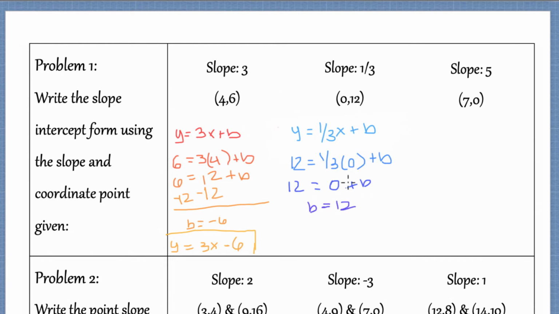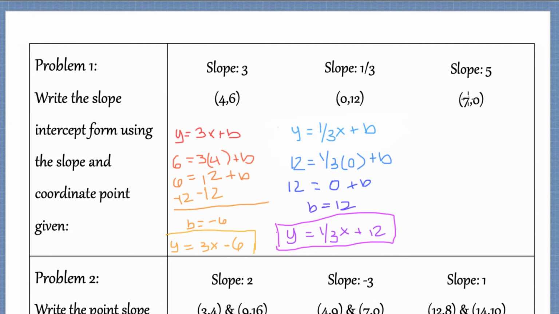Now knowing our b value, we again just plug in whatever our b value was back into the original equation we wrote up here in blue. That's going to give us y is equal to 1/3 x plus b. And we said b was 12, so y is equal to 1/3 x plus 12. And that is our final answer for this one.